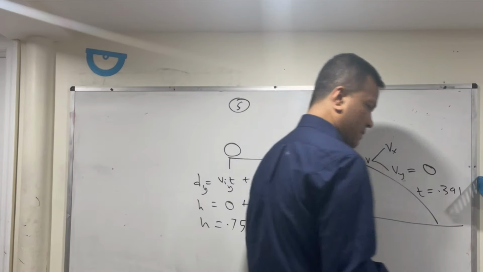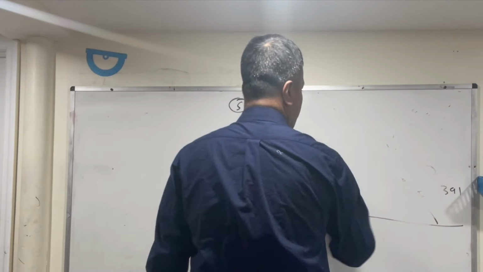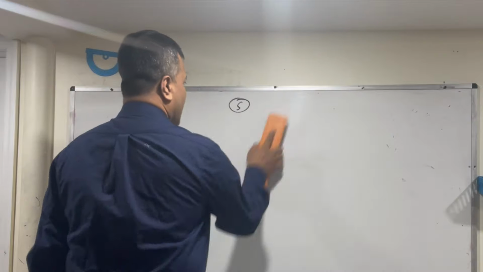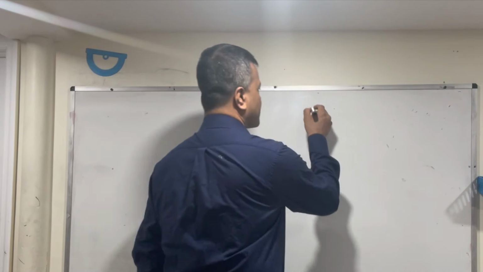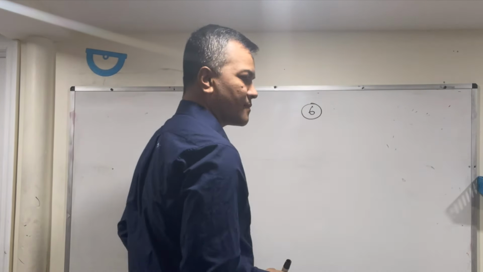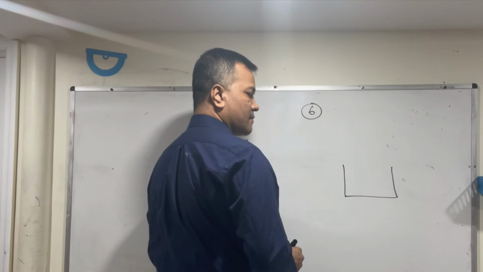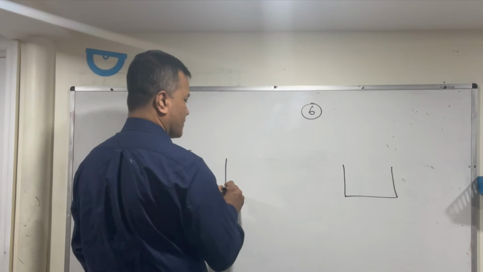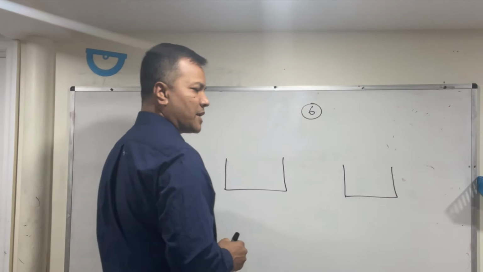Okay, what is the next problem? Jack in the Box is a toy in which a figure in the open box is pushed down through pressing a spring. The lid of the box is then closed. When the box is open, the figure is pushed up by the spring. The spring in the toy is compressed 0.07 meters by using a downward force of 12 newtons. So Jack in the Box, what happened?